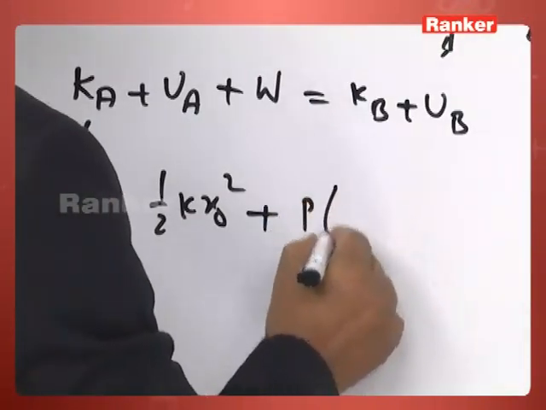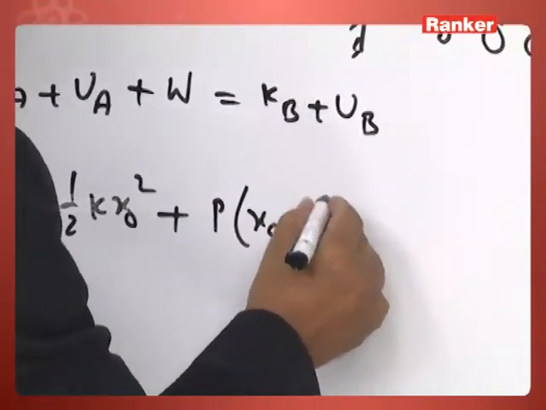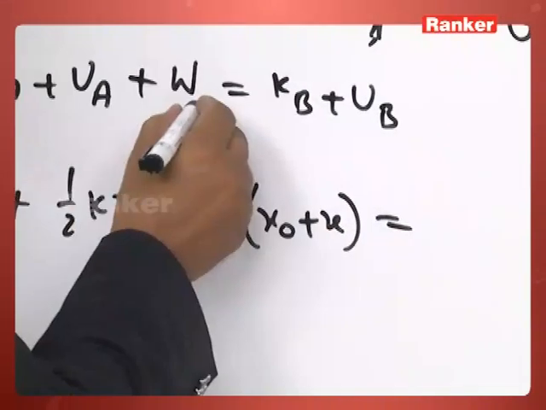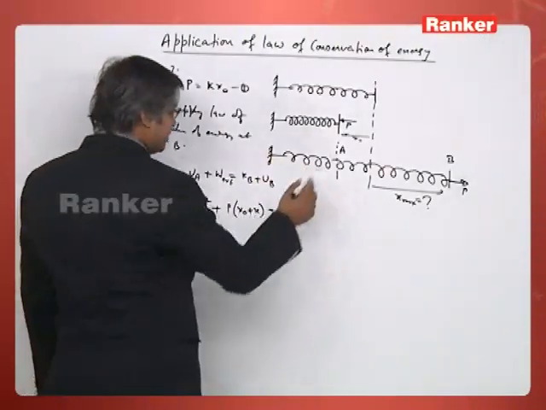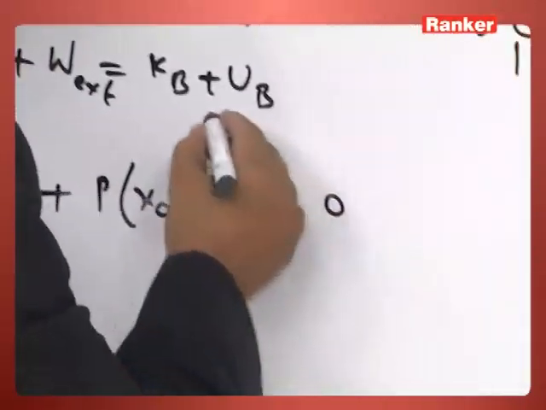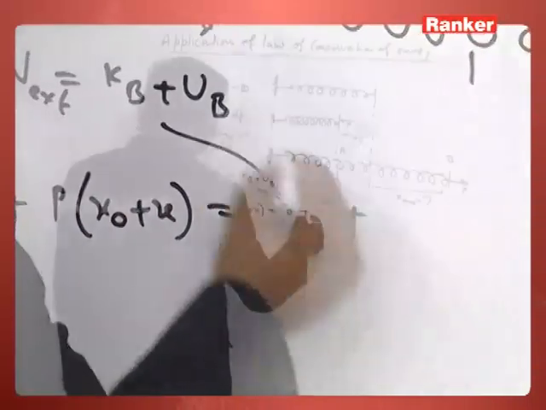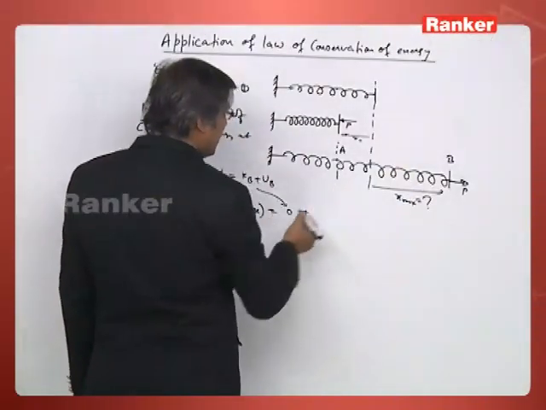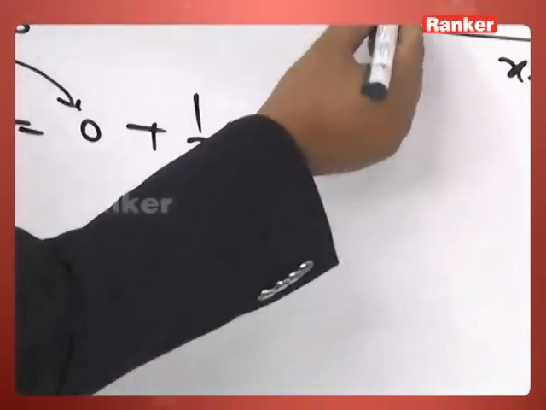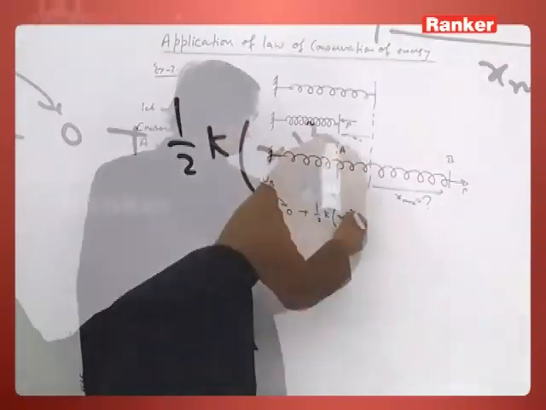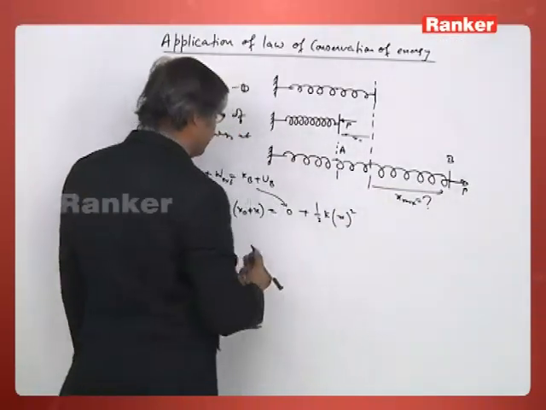So work done is P times (x naught plus x), the external work done by the external source in this system. And then KB is 0, plus UB. Now the elastic potential energy of the spring is half K x square. So this is the energy stored here.